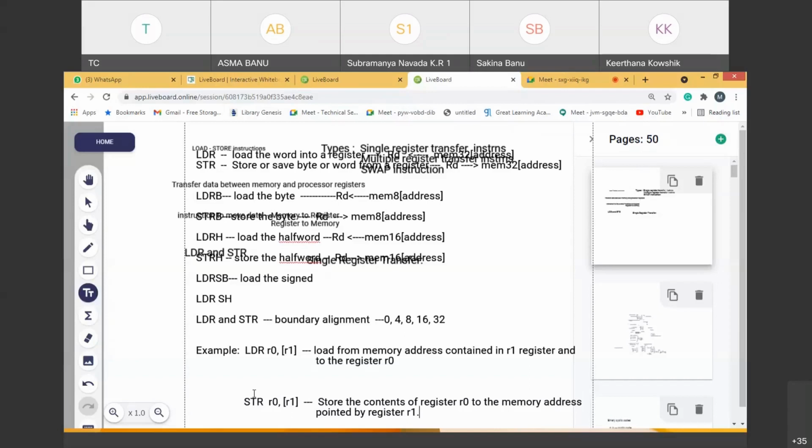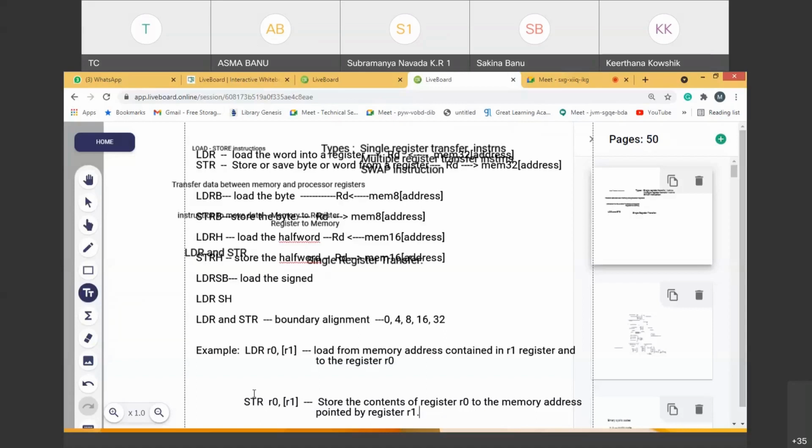Why do I immediately write this example as R0 comma inside bracket R1? Why not data first? Any way of writing this load and store instruction is basically divided into 3 types: pre-indexing with write back, pre-indexing only, and post-indexing.